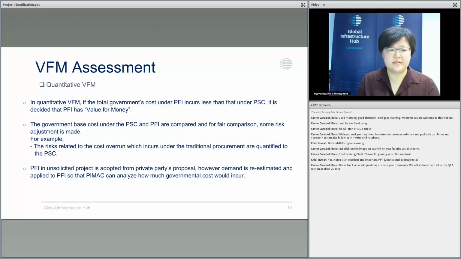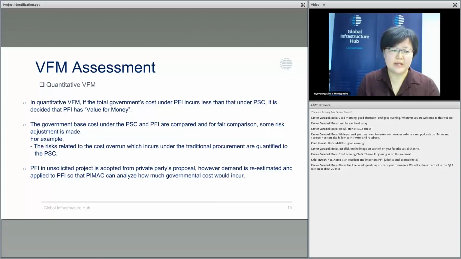And the government cost is calculated to reflect some risk adjustment. For example, the risks related to cost overrun, which occur under traditional procurement, are quantified in the PSC. So we have the quantitative VFM analysis.